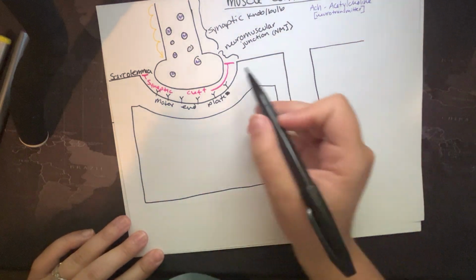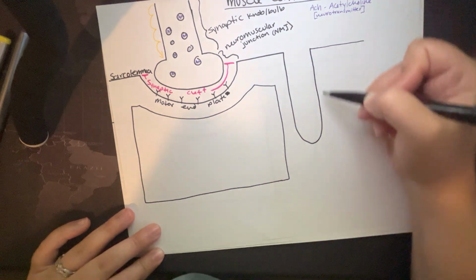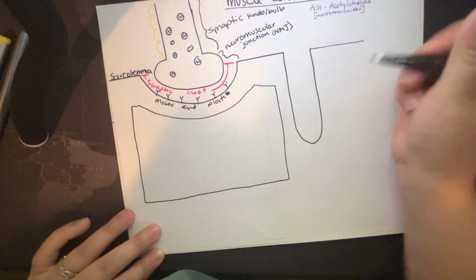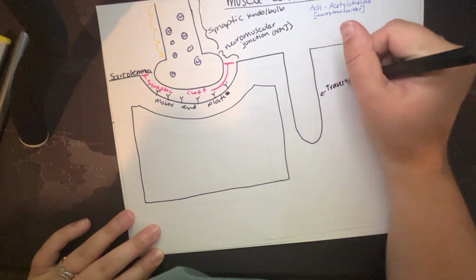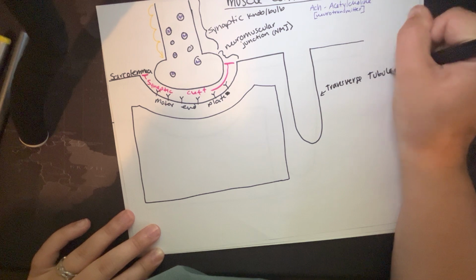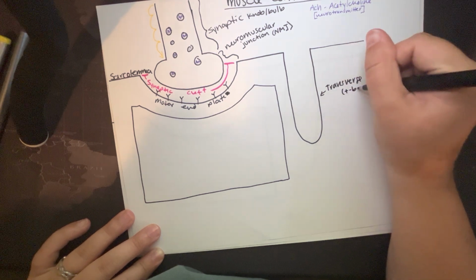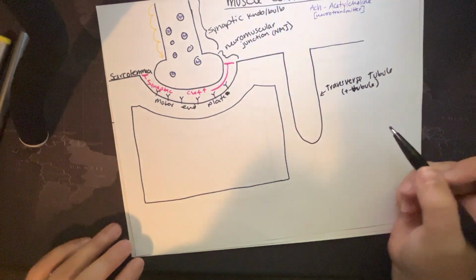And then we're going to go across. This is still our sarcolemma. So then we have a tube here, so we can guess what this is called. This is going to be our transverse tubule, also called our T-tubule.